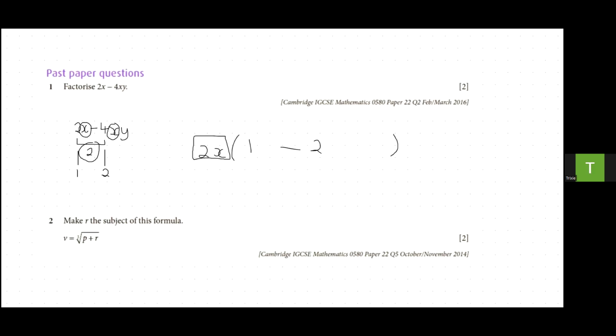Then how about y? y is not repeated and it cannot be divided by 2 or x since it's an unknown value, so we'll just immediately write it in the brackets. And so this will be the answer. 2x brackets 1 minus 2y.